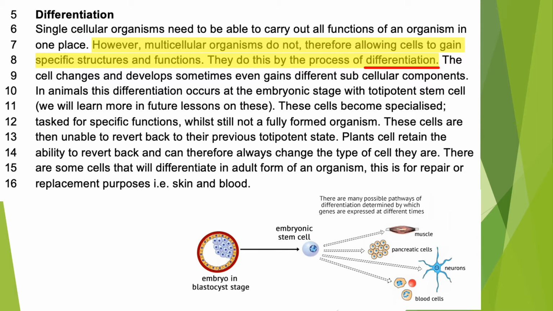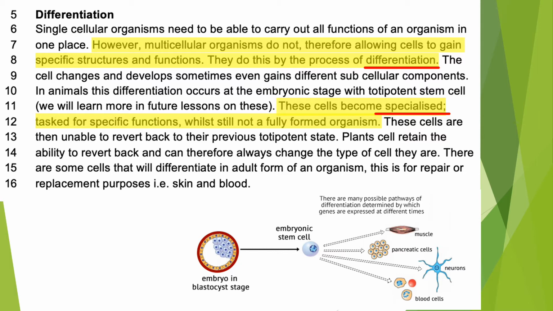So, what do they become? These cells become specialized, which means they are tasked for specific functions whilst still not a fully formed organism. So highlight that, please.